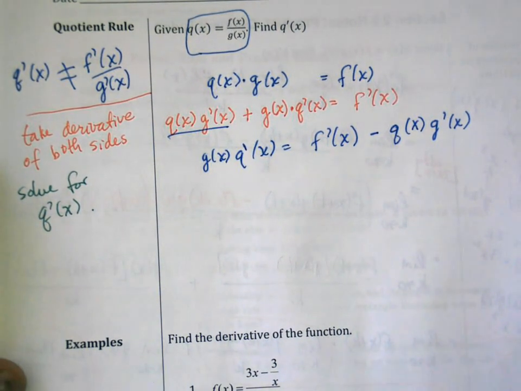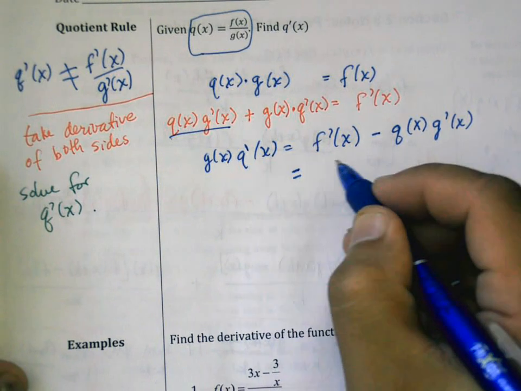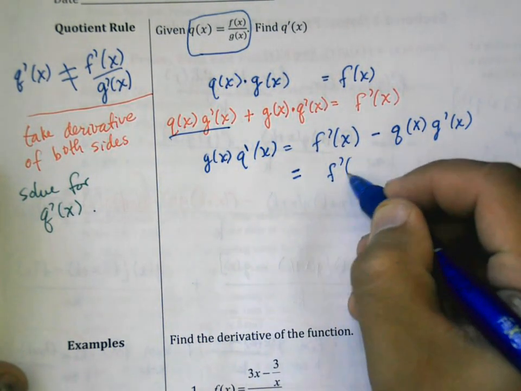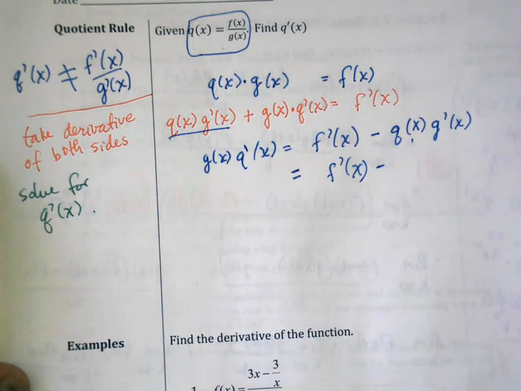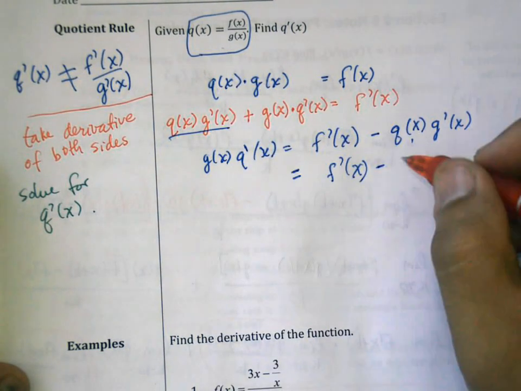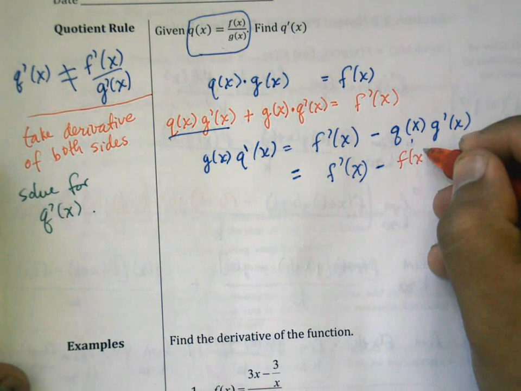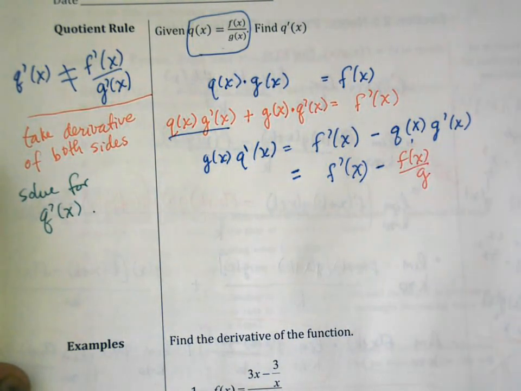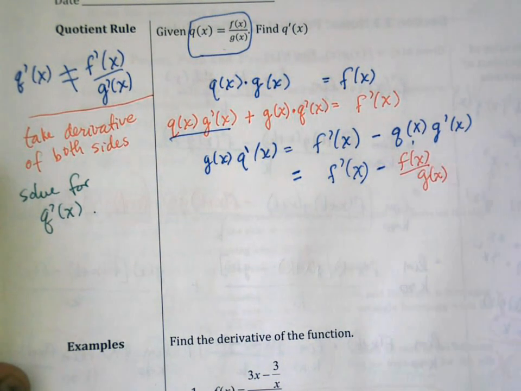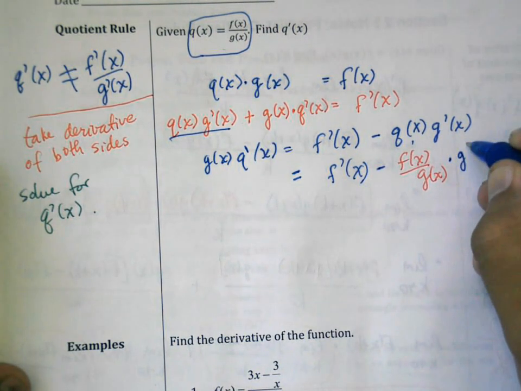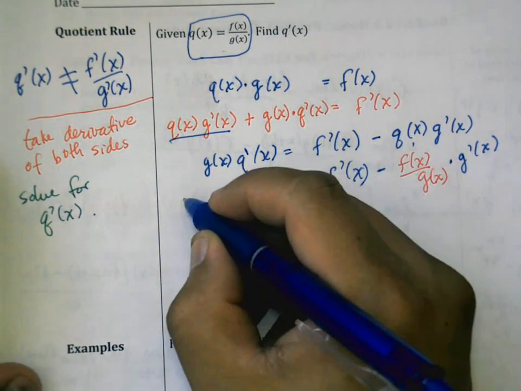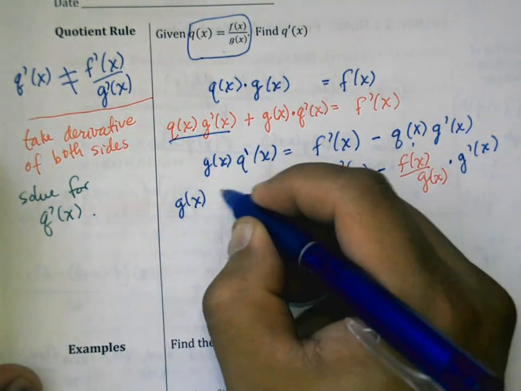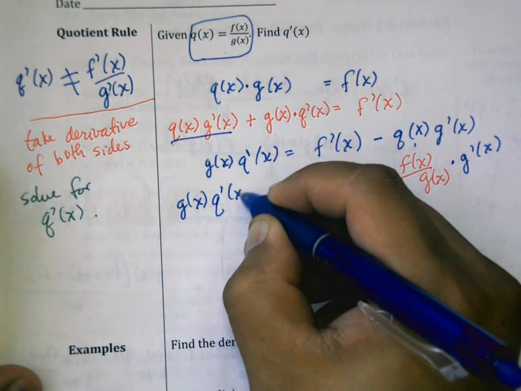Now, remember what q was equal to in the beginning. Note that q was really just f over g. So I'm going to rewrite that. And over here we still have g of x times q prime of x.